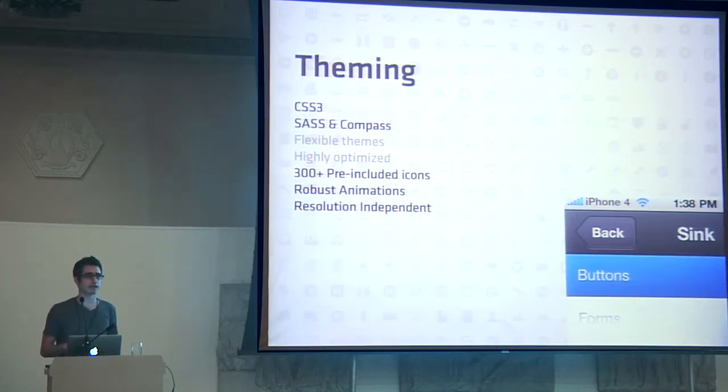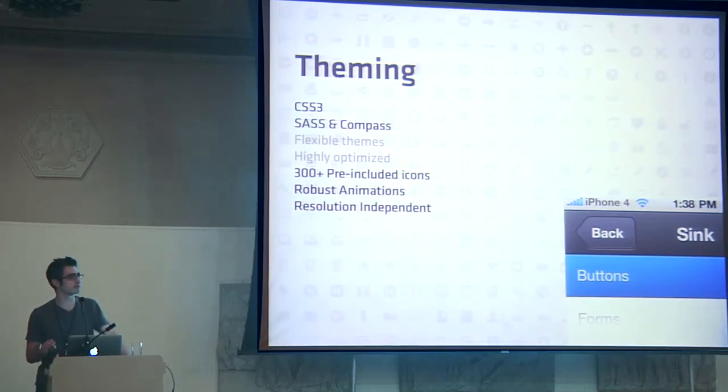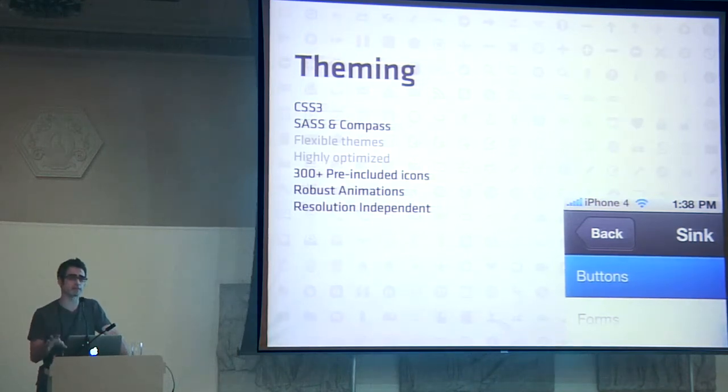Sass and Compass give you the ability to use things like variables and mixins within your CSS, and we've created a whole framework on top of that system, including our own mixins, our own variables, so you can take the default Sencha Touch theme and change it pretty incredibly on the fly. And hopefully, if we have time, I will get to show that off.